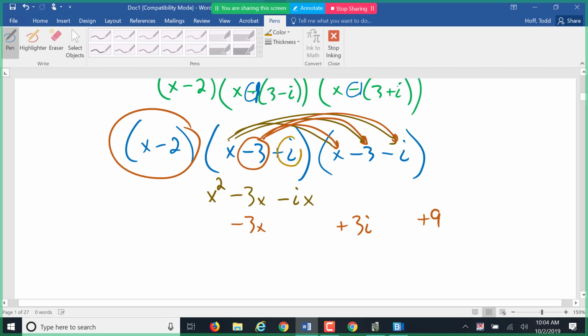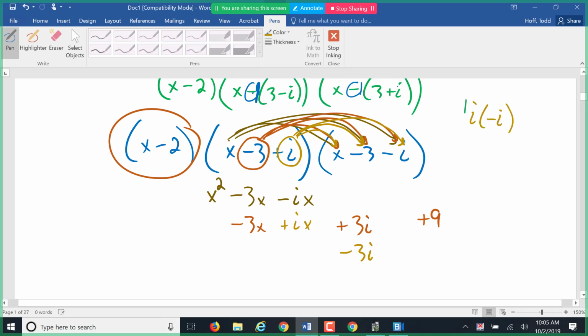Now I move on to the i. i times x is a positive ix. I put that under the negative ix. Those are going to cancel out. i times negative 3 is a negative 3i. I put that under the positive 3i because that's also going to cancel out. The tricky multiplication is right here, i times negative i.